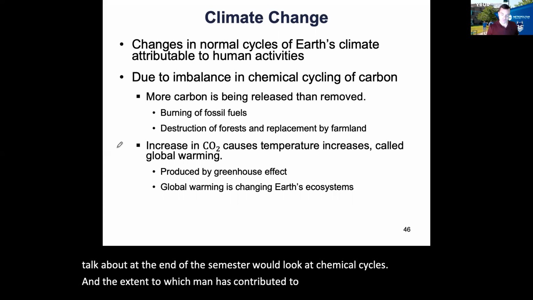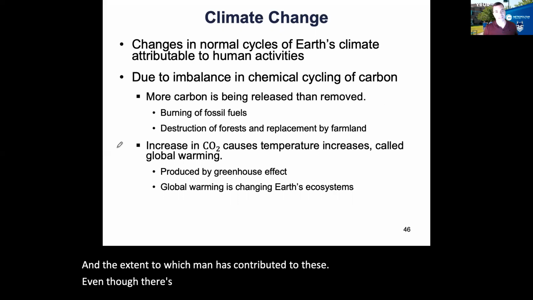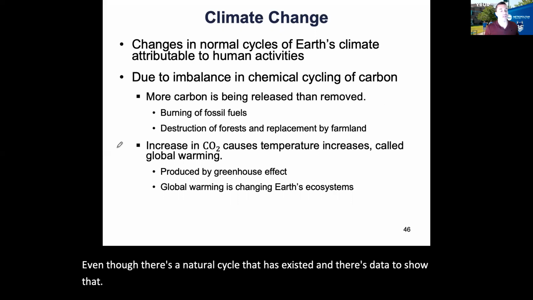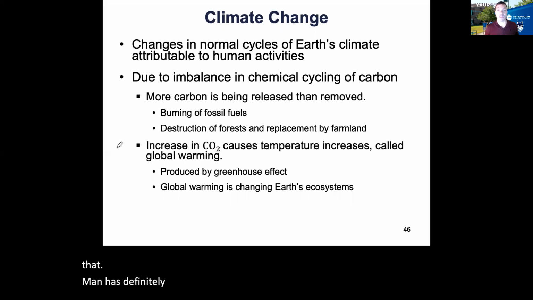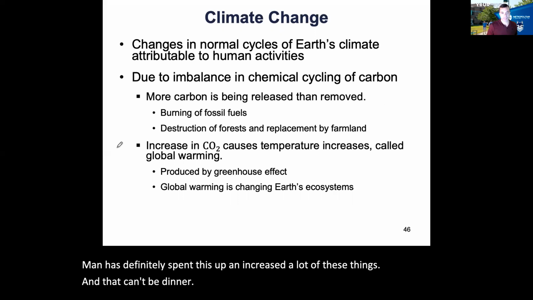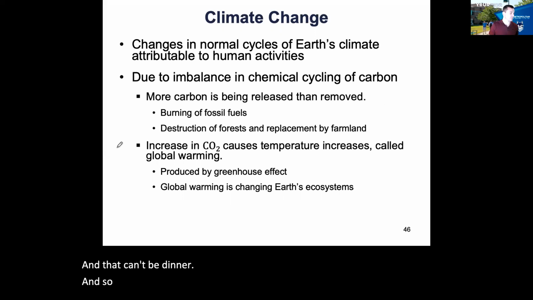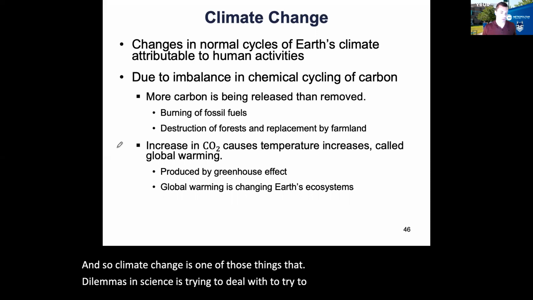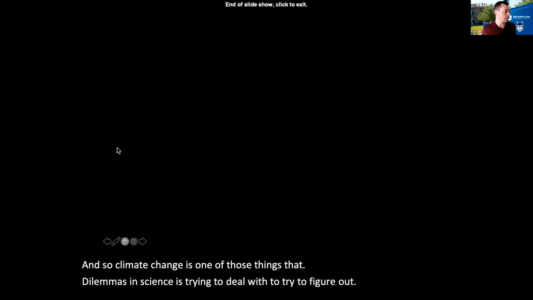Even though there's a natural cycle that has existed, and there's data to show that, man has definitely sped this up and increased a lot of these things. And that can't be denied. And so climate change is one of those dilemmas that science is trying to deal with, to figure out exactly what our role in this unfortunate inevitability has caused.